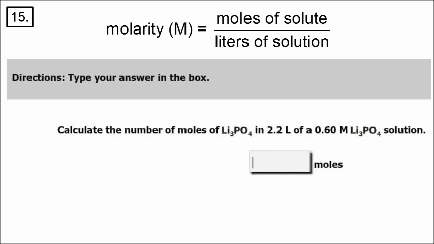That means we can use it as a conversion factor to go from liters to moles. So we have 2.2 liters times 0.60 moles per liter, and we get 1.32 moles. Now I would say let's round off our answer based on the measurements to 2 significant figures. So I would enter 1.3 moles for my answer based on the number of significant figures.